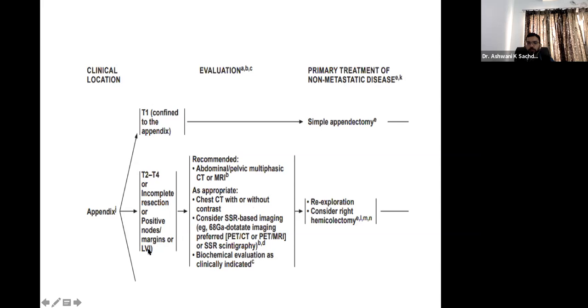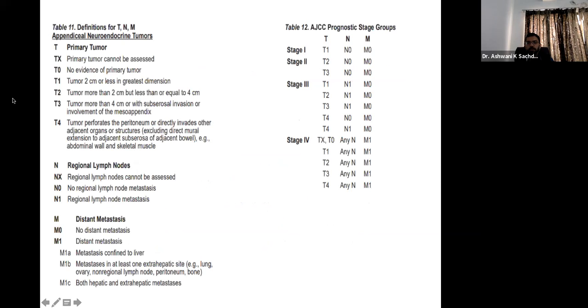I'll also explain the neuroendocrine staging for the appendix. Next slide. For T2 tumor, the recommendation after initial staging evaluation is re-exploration and consider right hemicolectomy. In neuroendocrine tumor, less than 2 centimeters is T1, more than 2 and less than 4 centimeters is T2, more than 4 centimeters with subserosal invasion is T3, and so on.